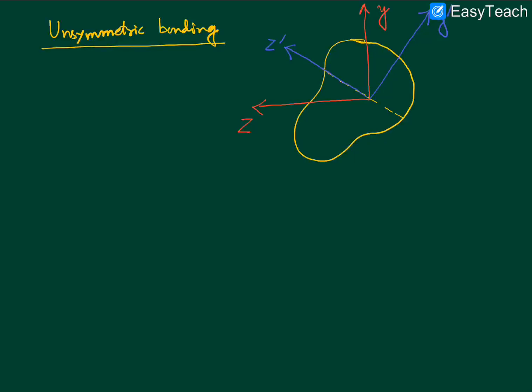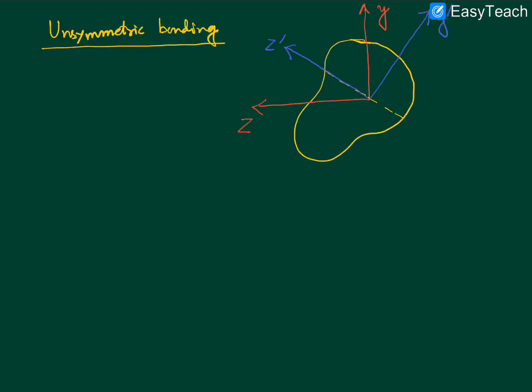And the physical feel that we develop is that it will have some kind of distribution about this z dash axis. So for example, if the part which is lying above the z dash axis, so let's say this part, is in tension, then the sigma xx will be pointing outward.